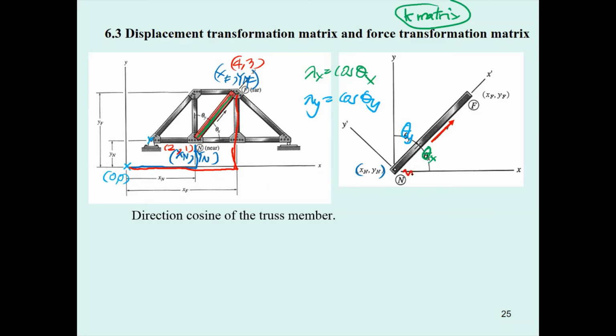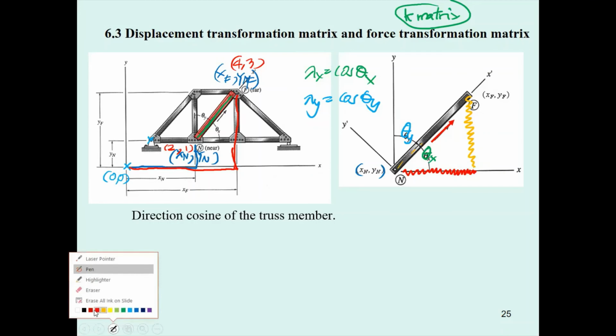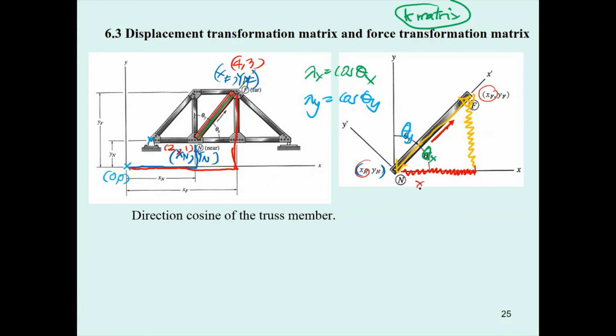And then what is going to be lambda sub x? Lambda sub x is cosine theta x. How we determine cosine theta x is going to be the run divided by the length over here. The run is going to be x sub f minus x sub n, and you may also know that the rise will be y sub f minus y sub n.